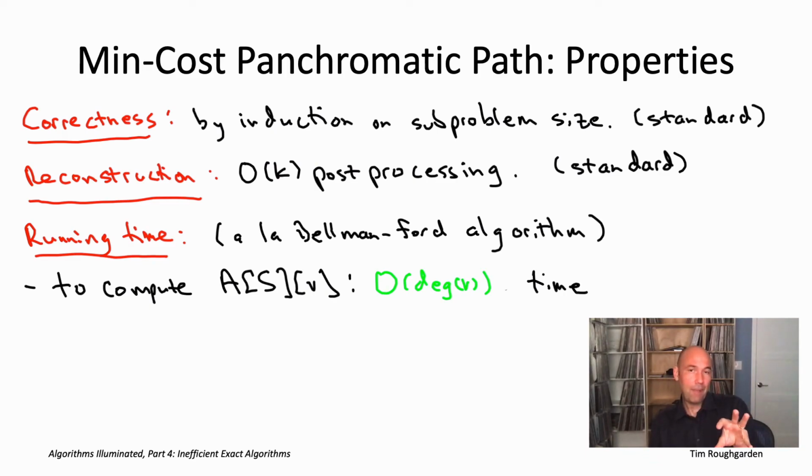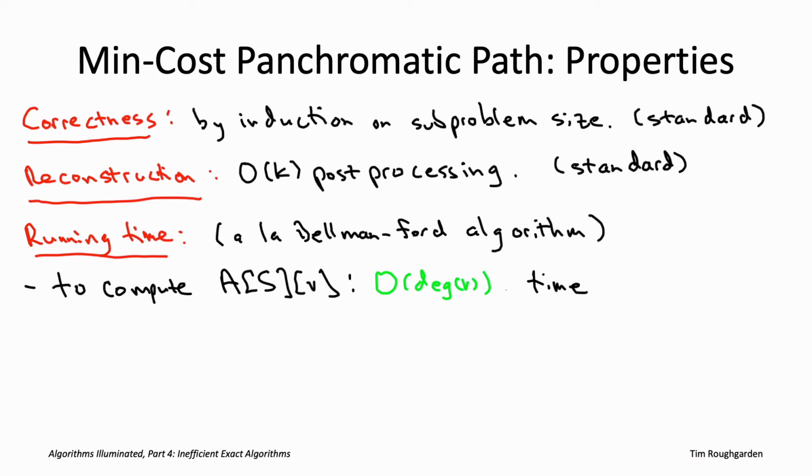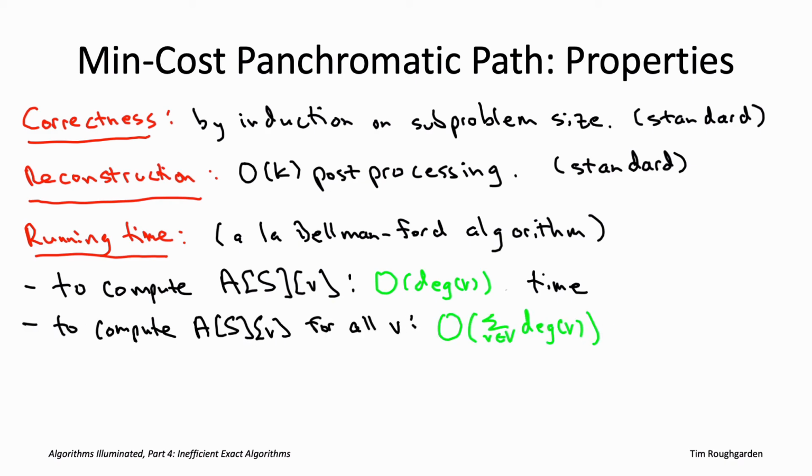So that's the running time of a single iteration of the triple for loop. Now let's take a step back and let's ask for a fixed setting of the parameters in the first two for loops, the subproblem size and the specific set capital S of that size. Let's ask how much time is done in total by solving the n subproblems in that third for loop. Well, each of these subproblems gets solved in time proportional to that vertex's degree. So solving all of these n subproblems is going to be proportional to the sum of the vertices' degrees.